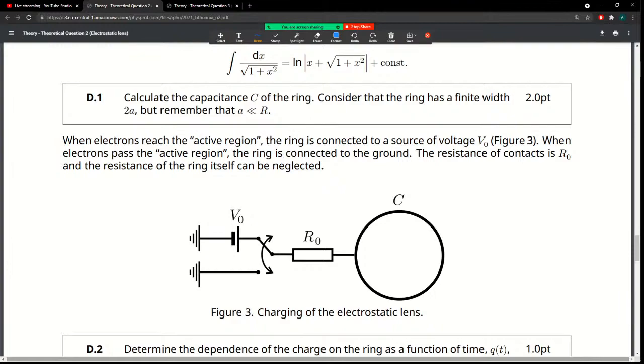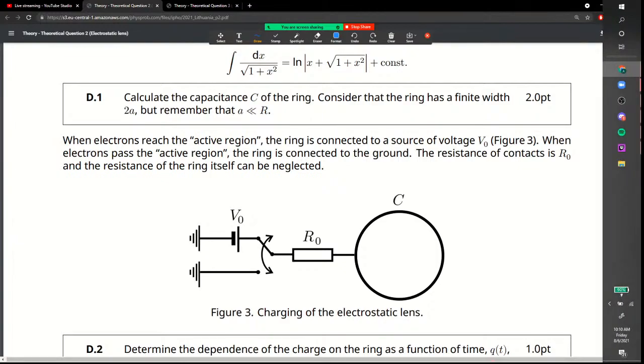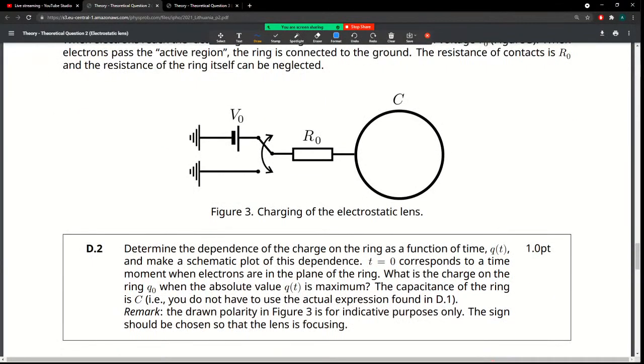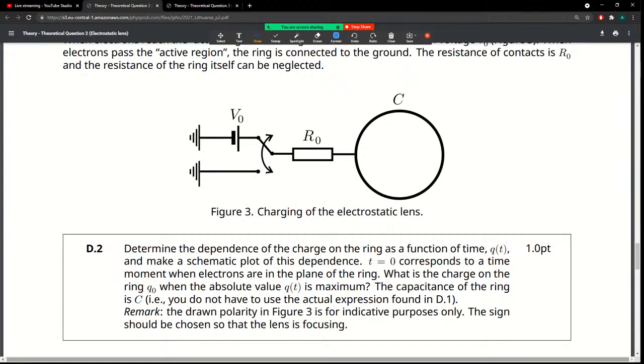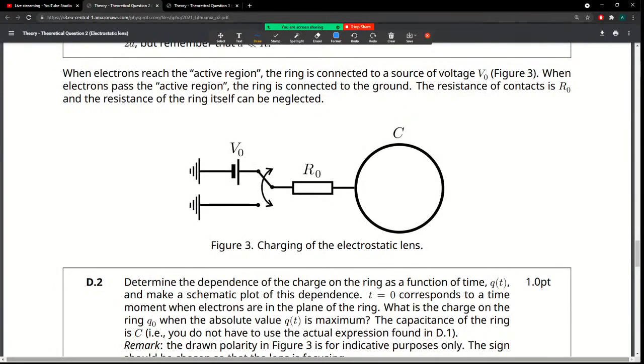What is the charge on the ring Q naught when the absolute value of Q(t) is maximum? The capacitance of the ring is C. That is, you don't have to use the actual expression found in D1. Remark: the drawn polarity in figure 3 is for indicative purpose only. The sign should be chosen so that the lens is focusing.